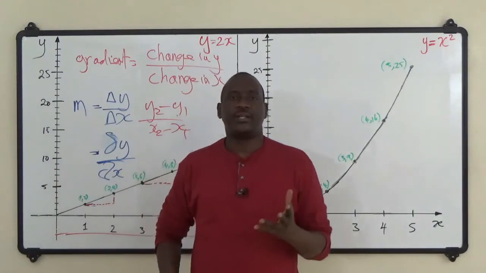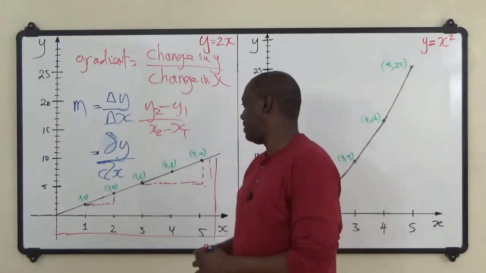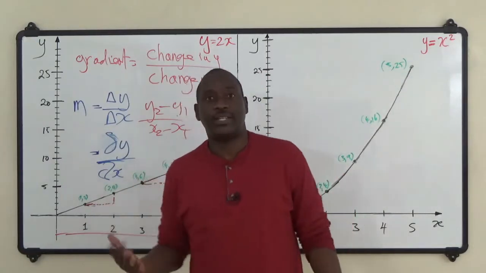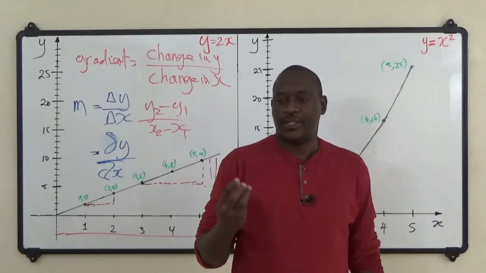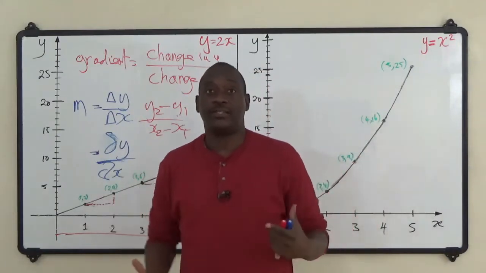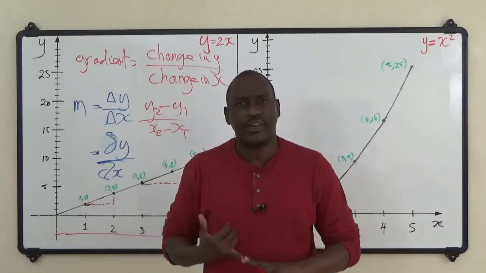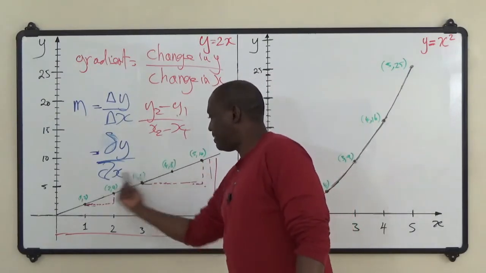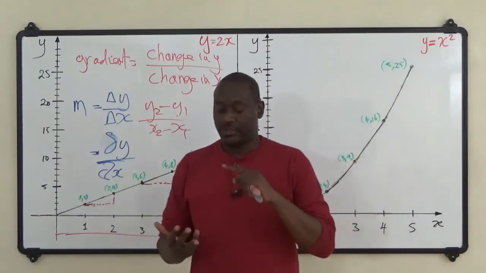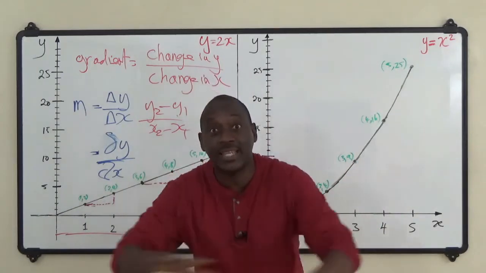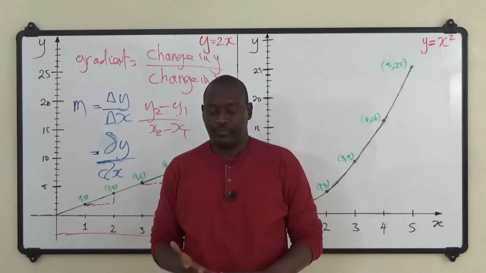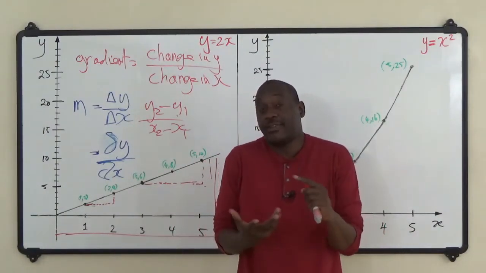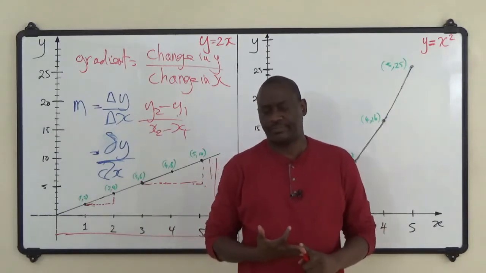The thing about the straight line though is that because of the, let us say, the relative simplicity of the straight line, all of these things are one and the same. So when we talk about the gradient of a line segment, the gradient of any line segment on this line, we could talk about the gradient of the whole line. We could talk about the average gradient between any 2 points.